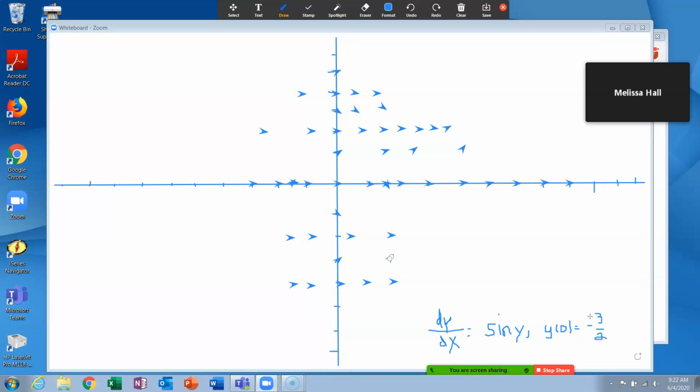Okay? There's something wrong with that picture too. When x is equal to 0, your y is -3/2. Well, up here you're going from 0 to -1.